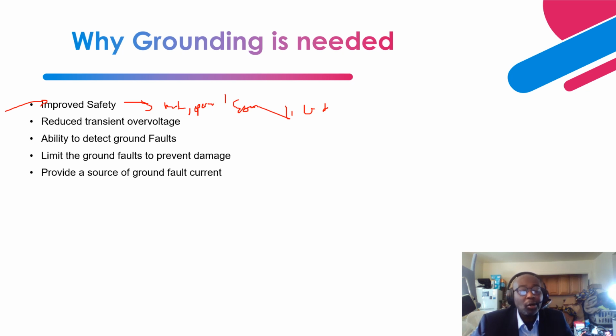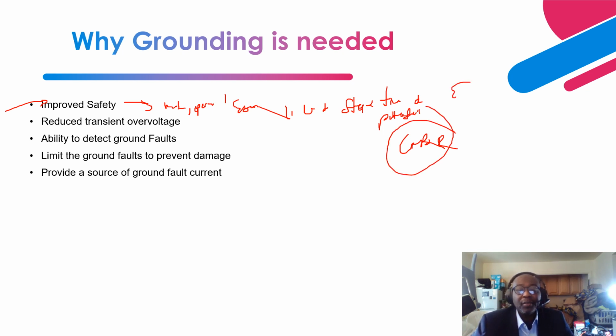And there's something they call step and touch potential, which is based on ground potential rise. So when they are going to build a substation, or let's say a substation is going to be upgraded or modified, they perform earth grid studies.